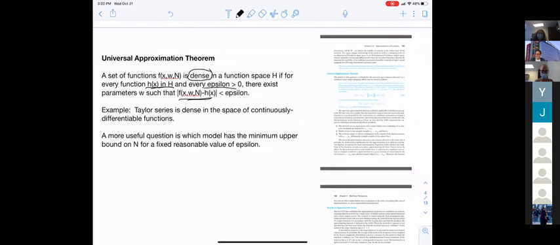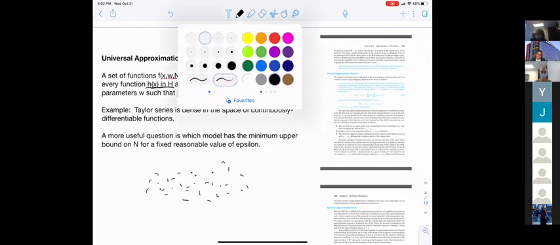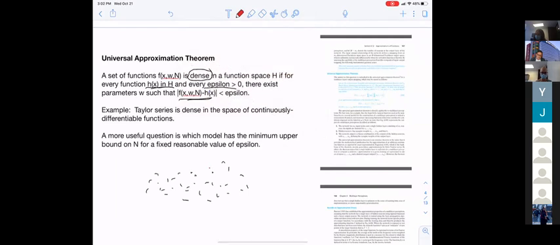In other words, suppose I did this with a set of points. I've got a bunch of points here. And I'm now going to pick another point here, where I can pick any point anywhere I want. And I want to say, how far is this point from the nearest point that I have?